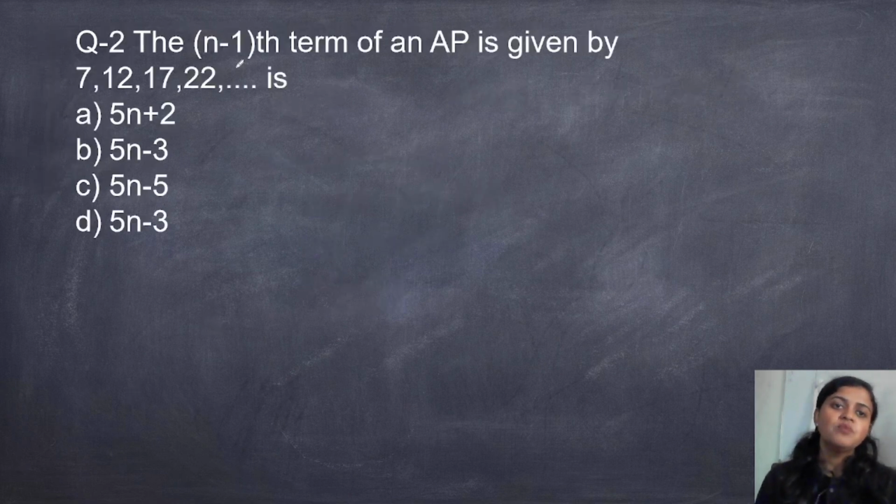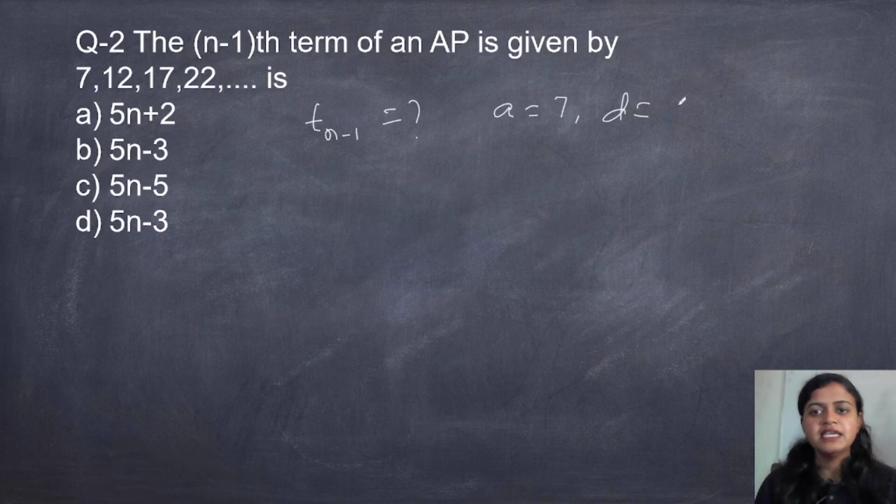Next, question number 2. The n minus 1 term of an AP is given by this one, which means you have to find T(n minus 1). Here A equals 7 and D equals 12 minus 7, that is 5.